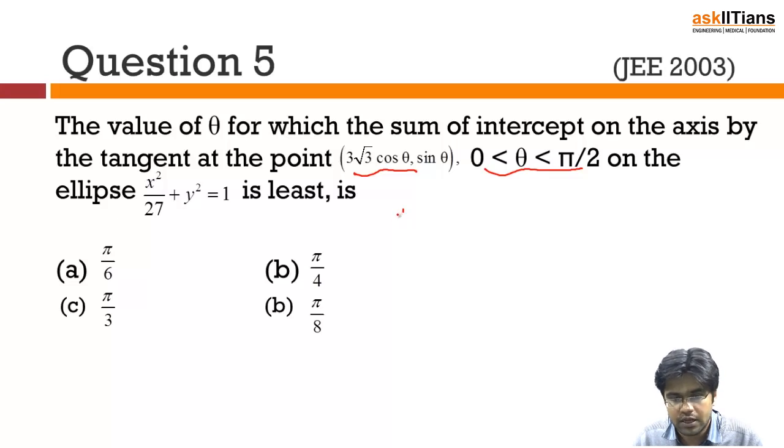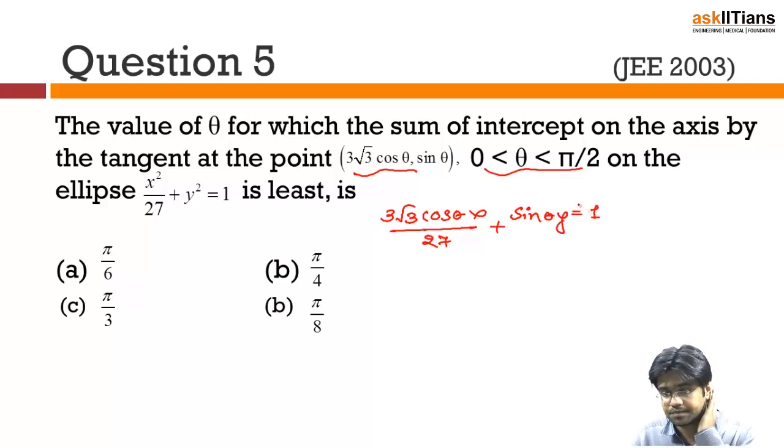The equation of the tangent from this point will be 3 root 3 cos theta x divided by 27 plus sin theta y equals 1.